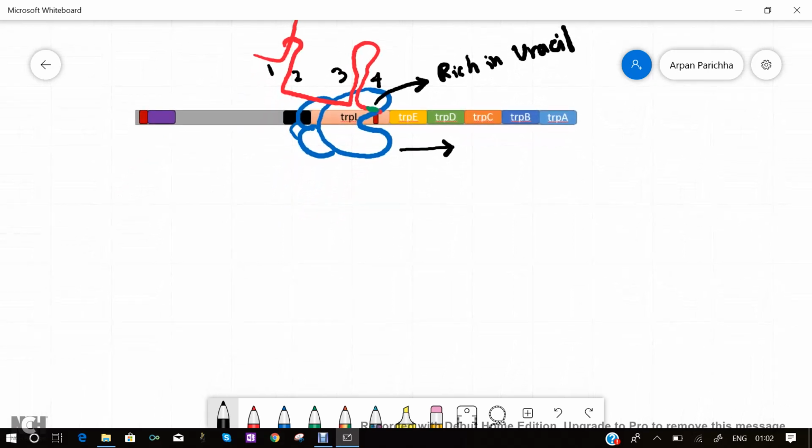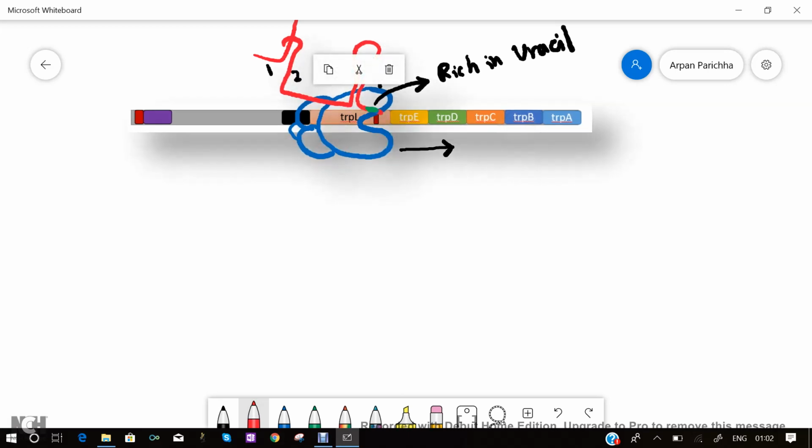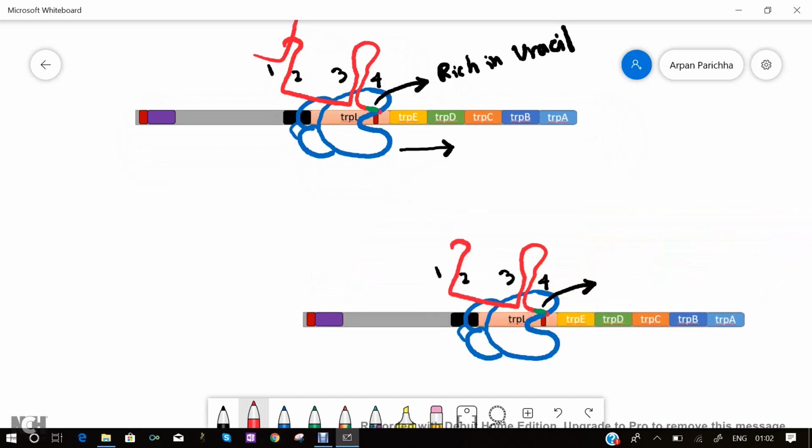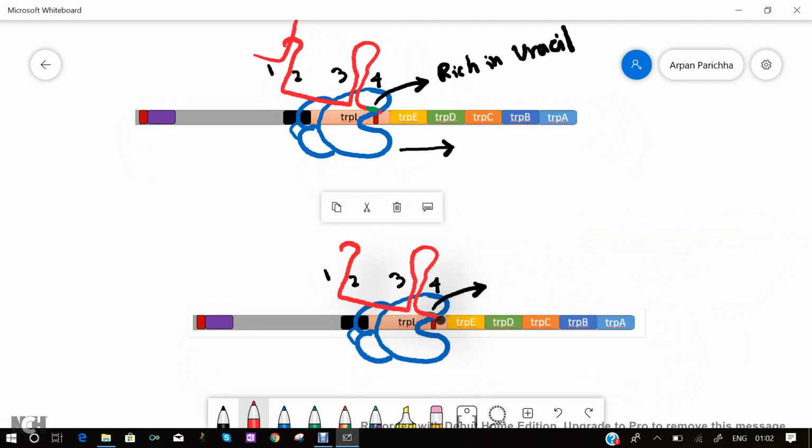Now, how fast? So we have to understand that transcription is not an isolated event. Transcription is always coupled with translation in the case of a bacteria, because the bacteria don't have a specific compartment where the transcription is happening.